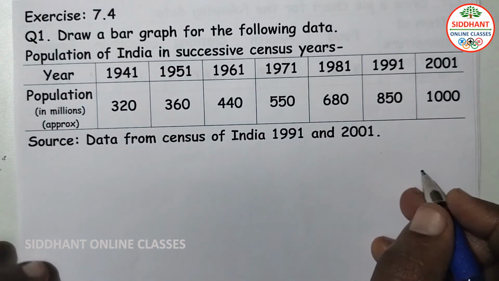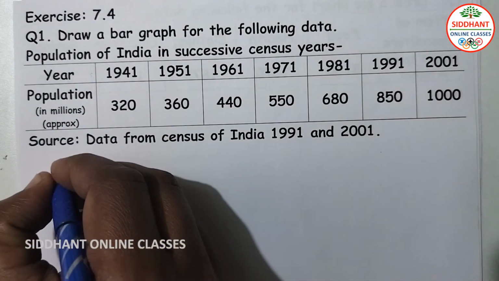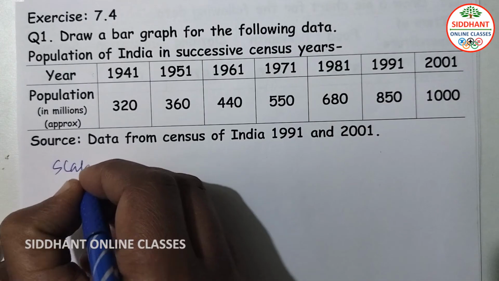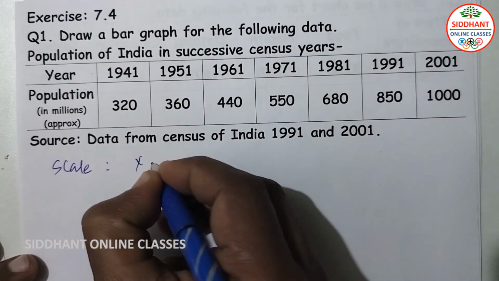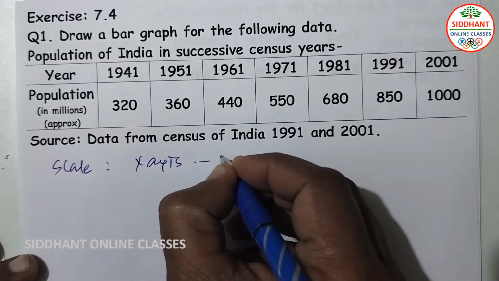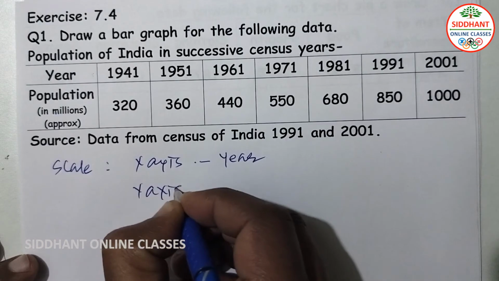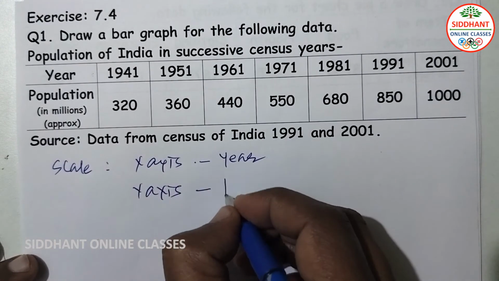So here we are going to draw the bar graph. First we take the scale. On the x-axis we are going to take year, and on the y-axis we are going to take population.